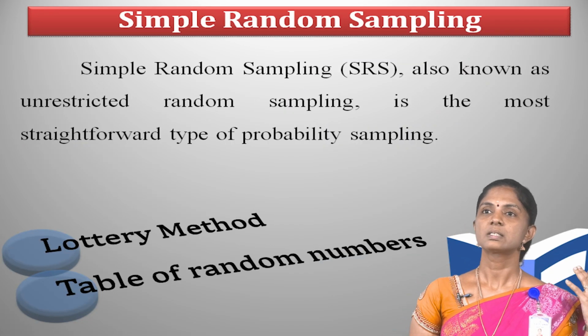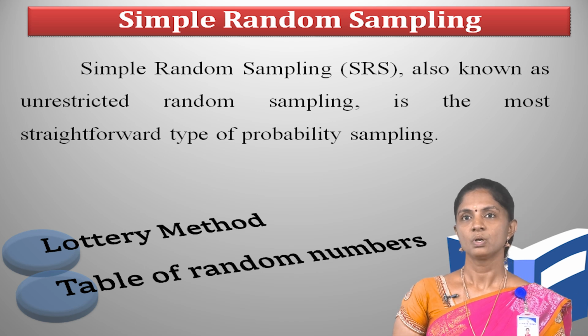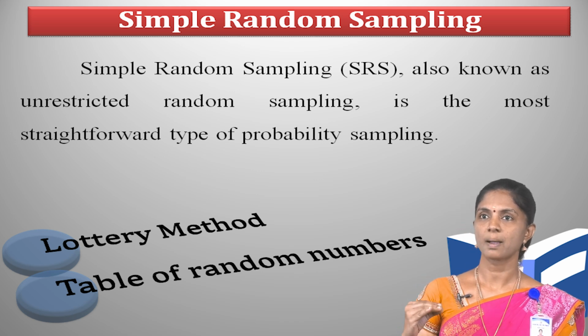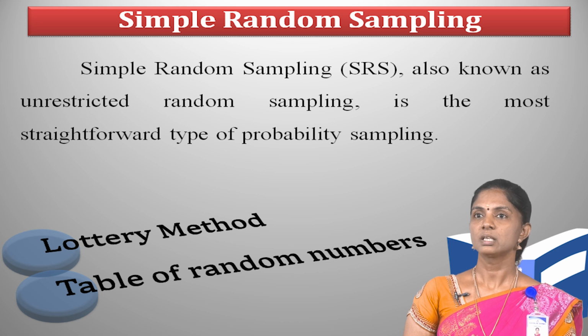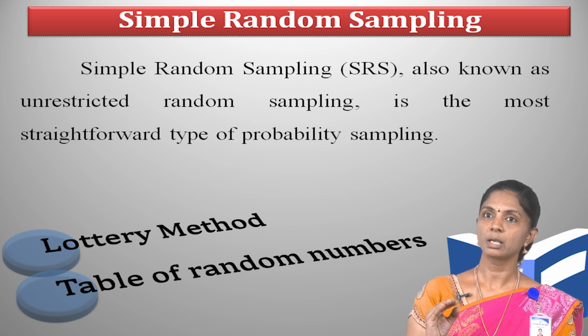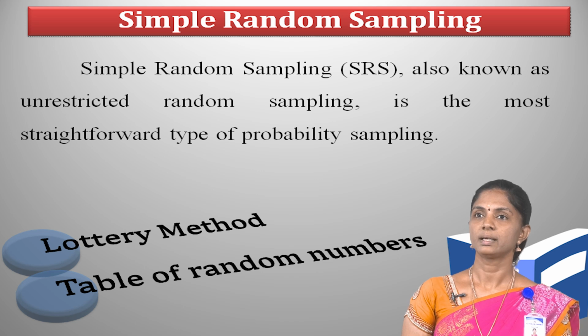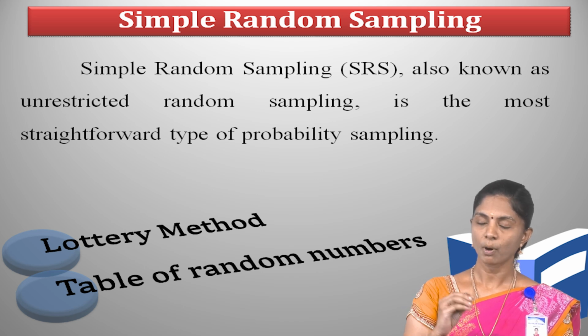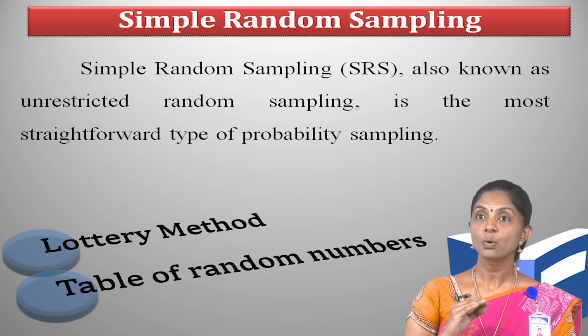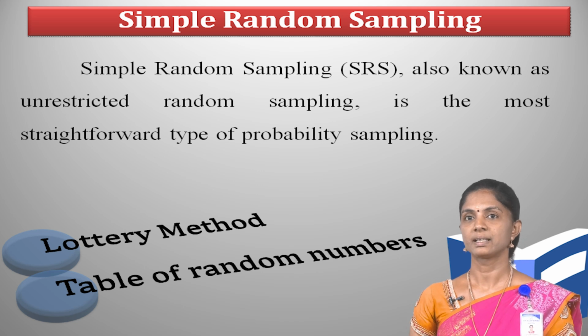First one is simple random sampling. So what is simple random sampling? Simple random sampling, also known as unrestricted random sampling, is the most straightforward type of probability sampling. In this method, every member of the population has an equal chance of being selected.